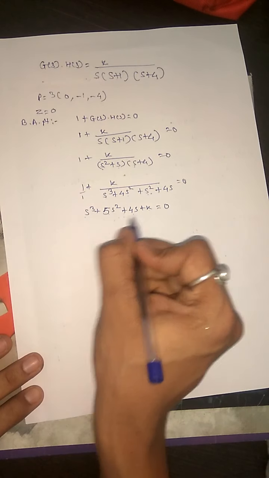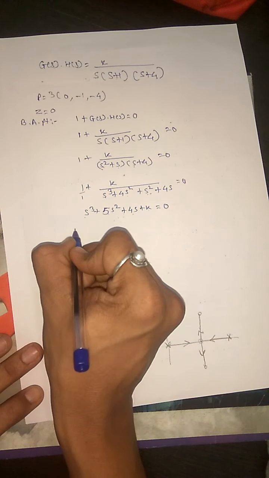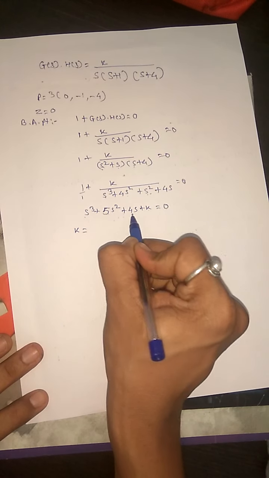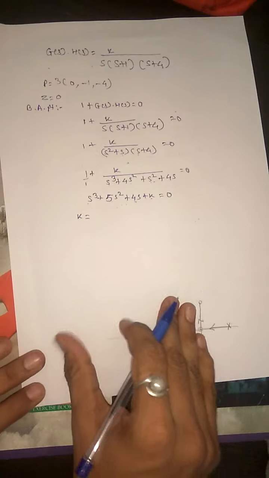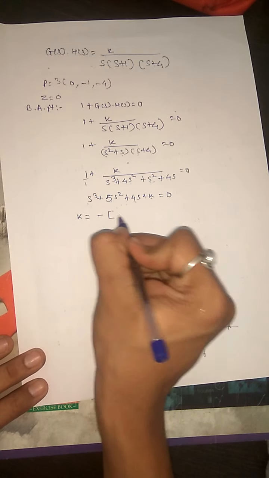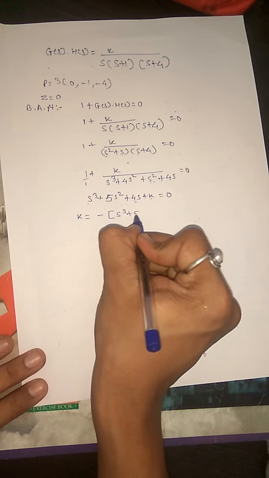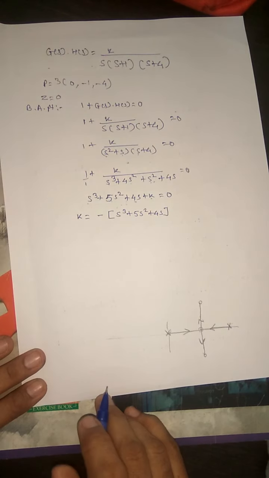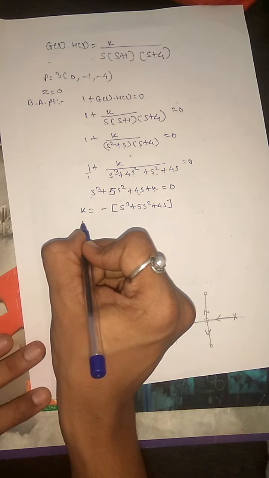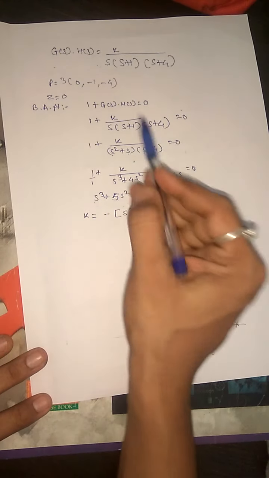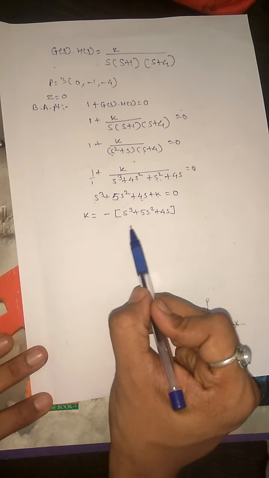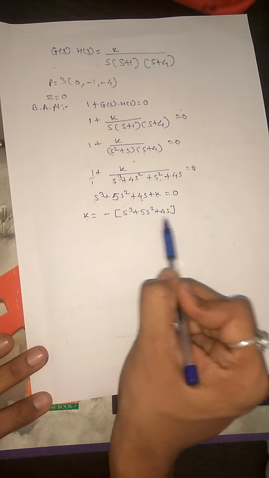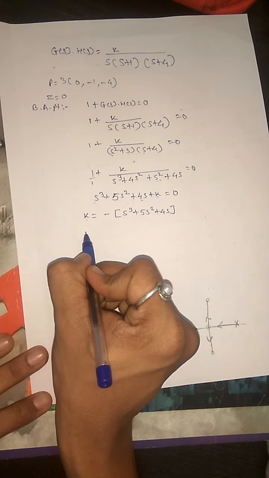After the characteristic equation, write this equation for the value of K. The equation is s cube plus 5s square plus 4s plus K equal to 0, so K equal to minus (s cube plus 5s square plus 4s). That's it. Step 1, find the characteristic equation. Step 2, write the equation for K and differentiate K with respect to s.